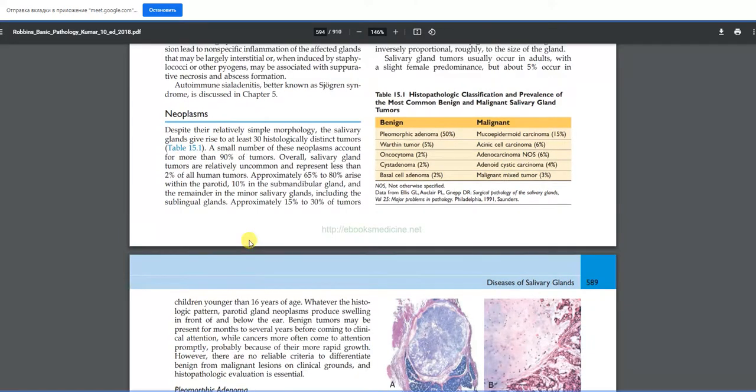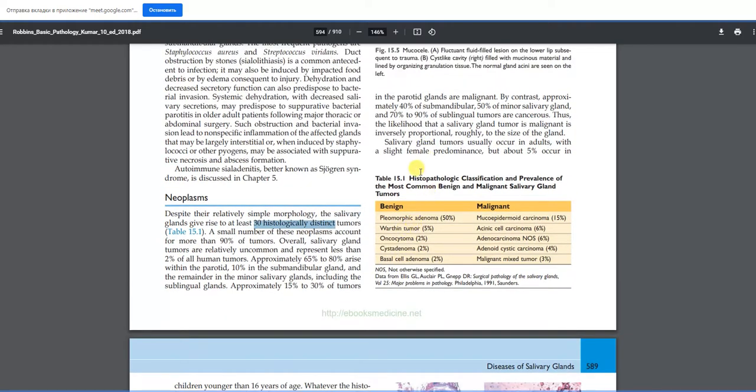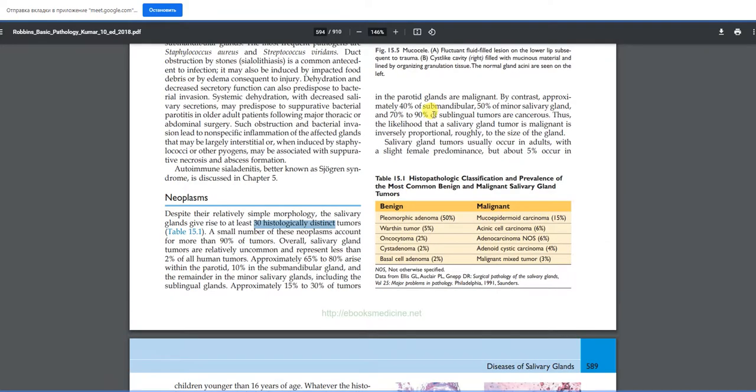Okay, neoplasms of the oral cavity. Their morphology is very simple, but it gives 30 histologically distinct tumors. We don't have to discuss all of them.